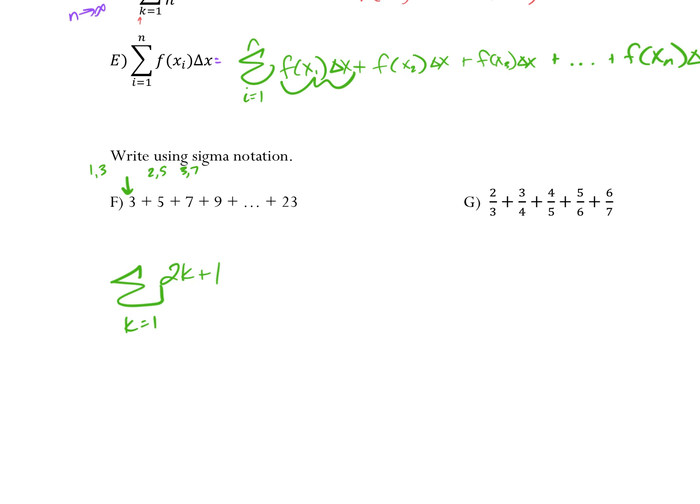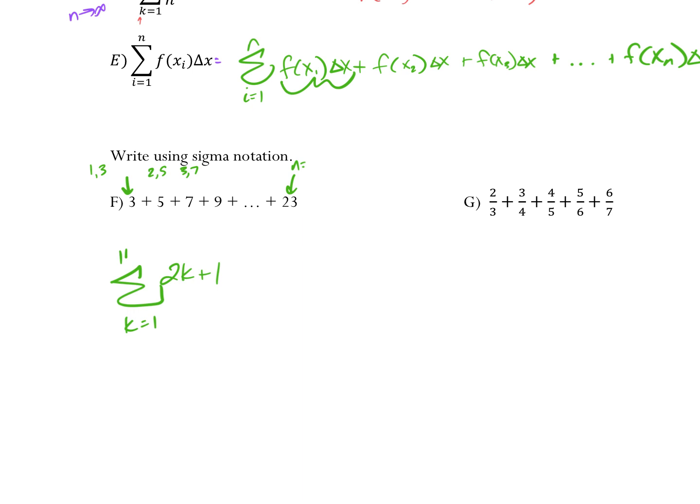What should the top number be? N. Well, it's n, but we need to know which n this is. 2 times what plus 1 gives me 23? 11. Is it N?